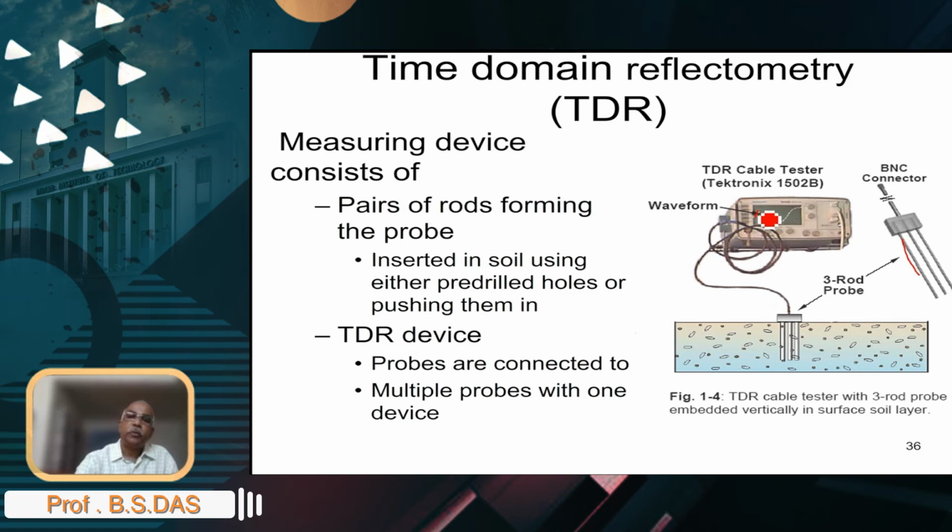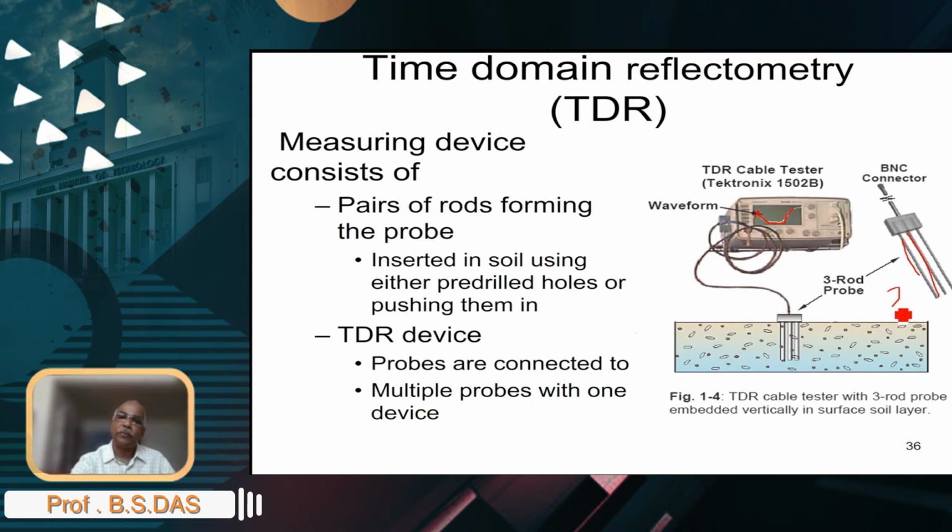As it passes through the soil, you lose part of its energy, which is utilized to polarize the water molecules, and then as this electromagnetic pulse reaches the end of the waveguide, it comes back.